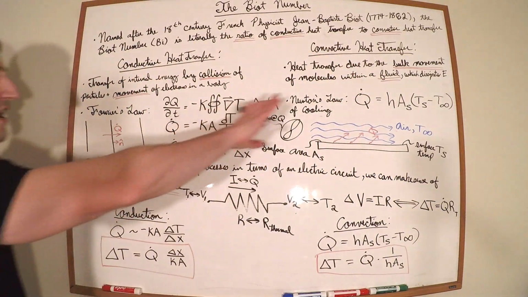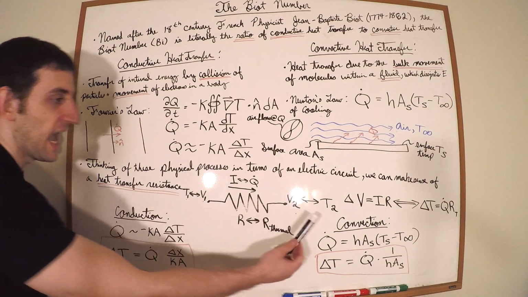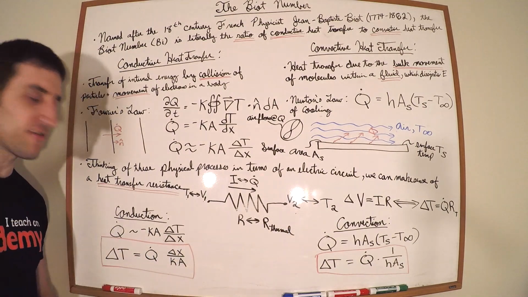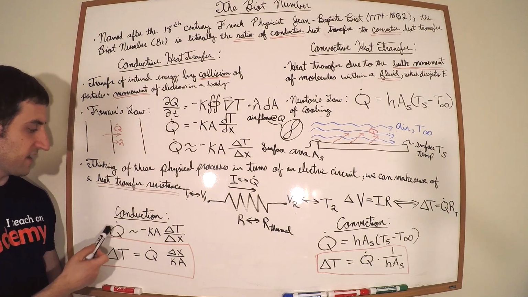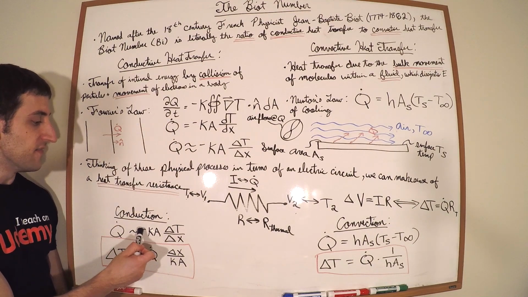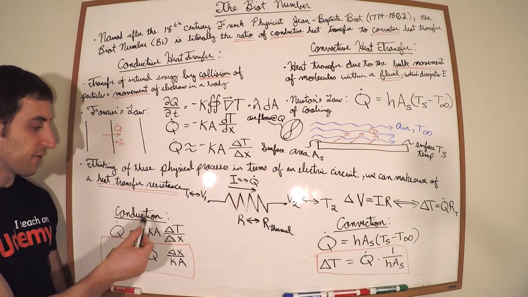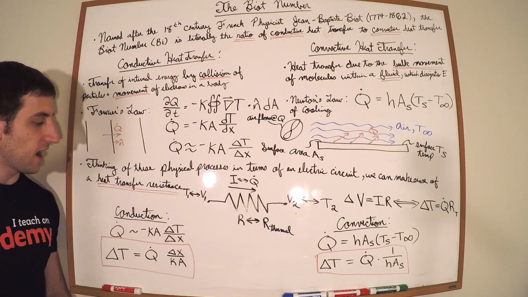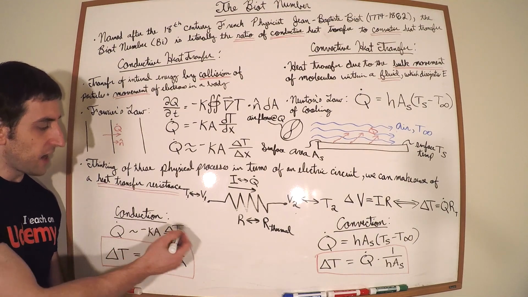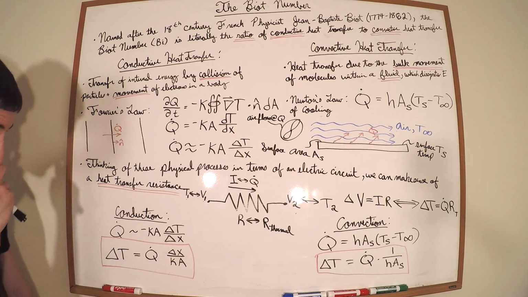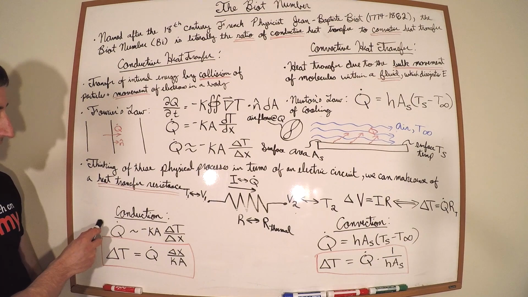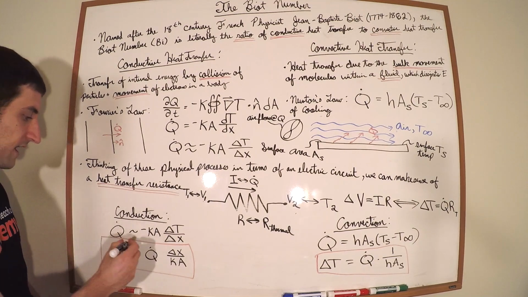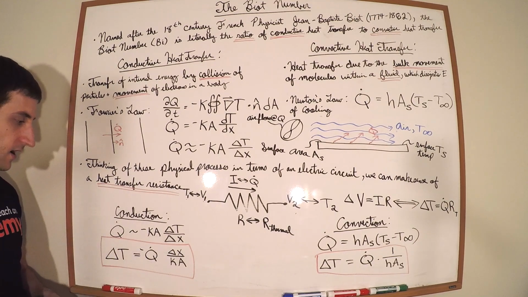So if we take these equations here for conduction and convection and put them into a nice format, we can say, okay, we approximated Fourier's law by saying that Q dot is equal to negative kA, the thermal conductivity times the exposed area, times delta T over delta X. If we multiply by delta X and divide by kA, we're going to have a little negative there.